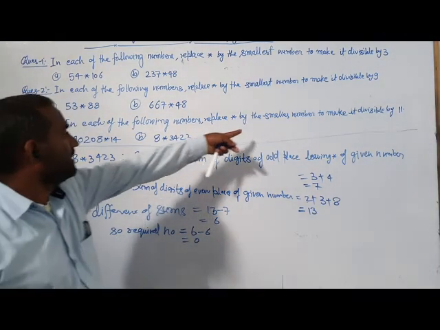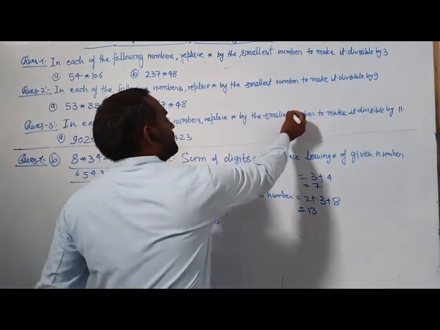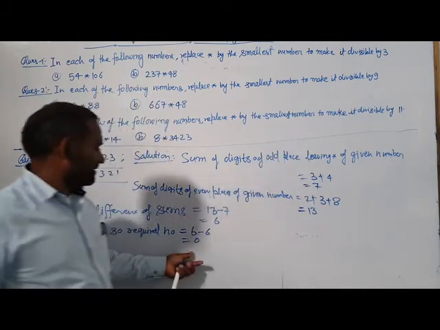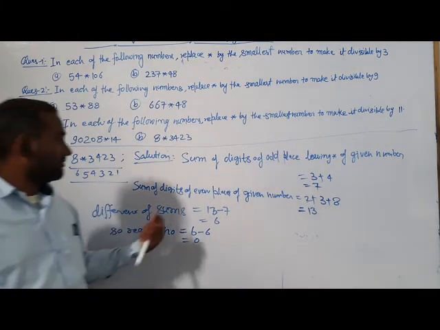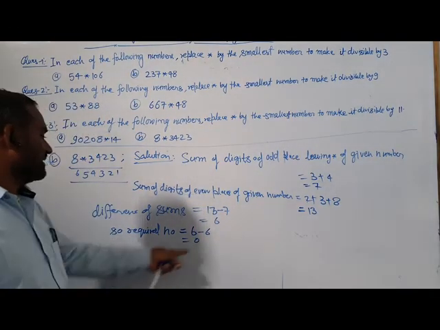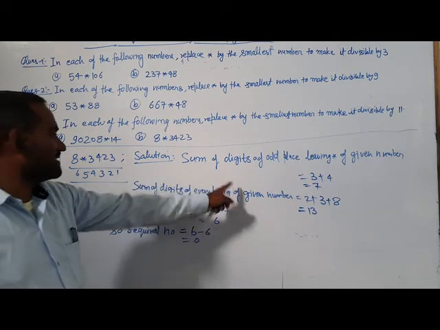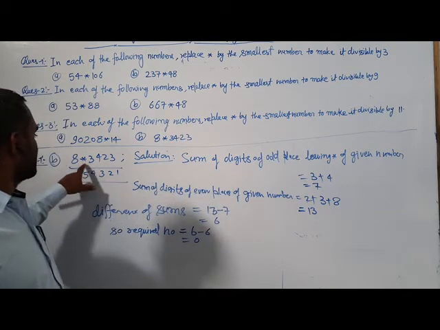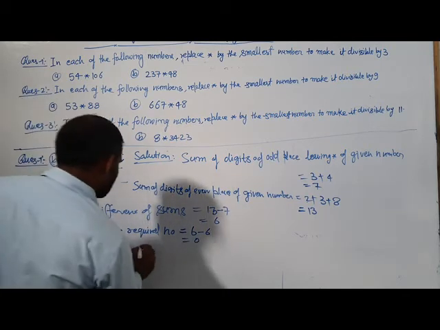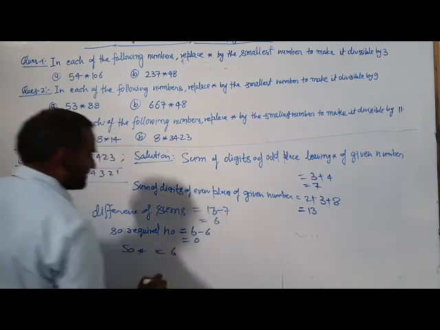But here we have to replace this star with the smallest number. If we add more, then that will be great. In this way 6 minus 6 is equal to 0. So we have to replace this star, so the star is equal to 6.